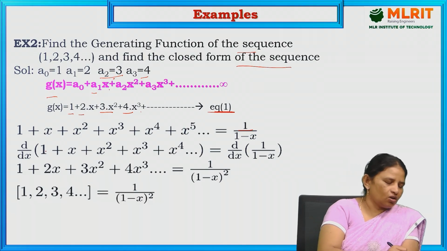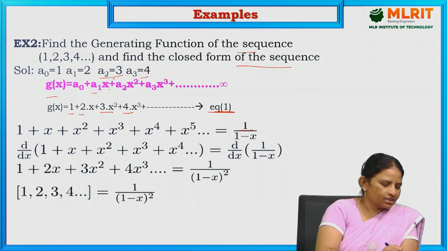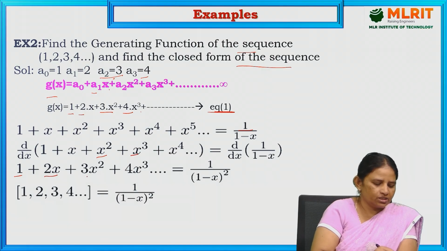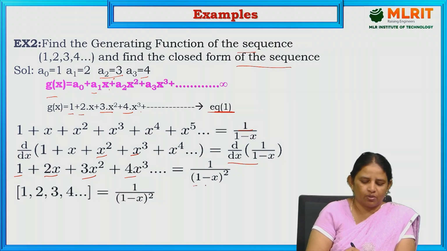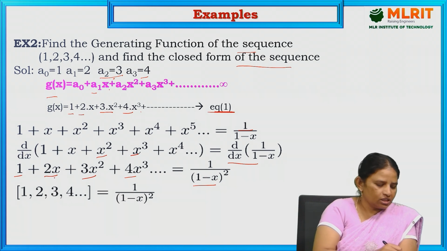D by dx of 1 is 0, of x is 1, of x square is 2x, of x cube is 3x square, of x to the power of 4 is 4x cube. Differentiating 1 by 1 minus x, we get 1 by (1 minus x) whole square.